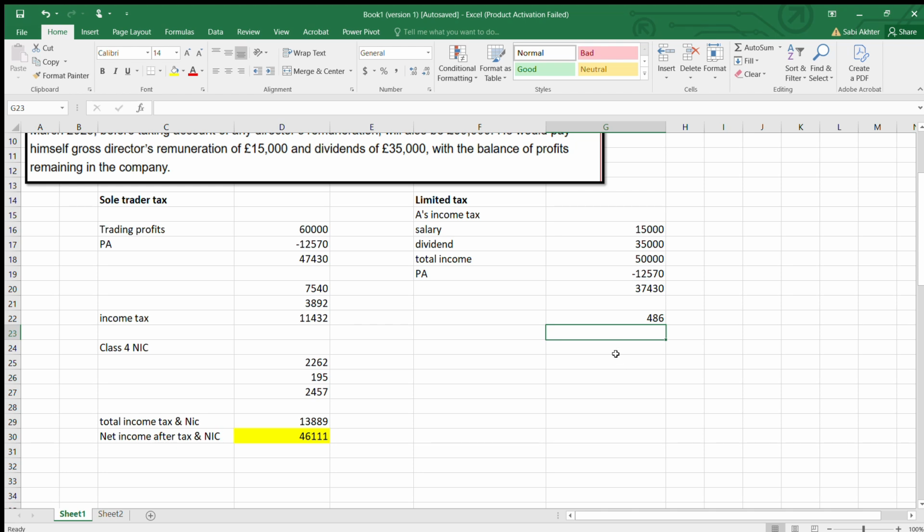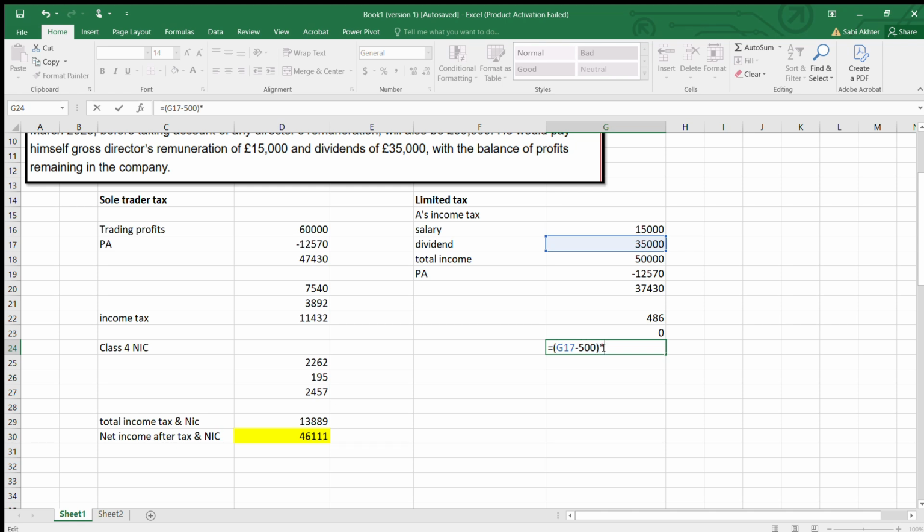Now then 0, because 500 of dividend would be taxed as 0, but you have to show it, of course. Then the balance of dividend, from here we'll deduct 500. This would be taxed at the basic rate because everything is under basic rate.